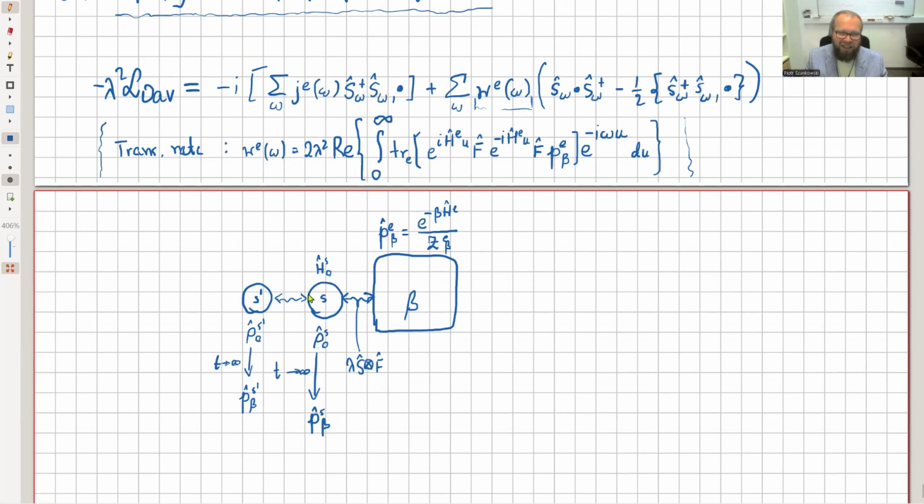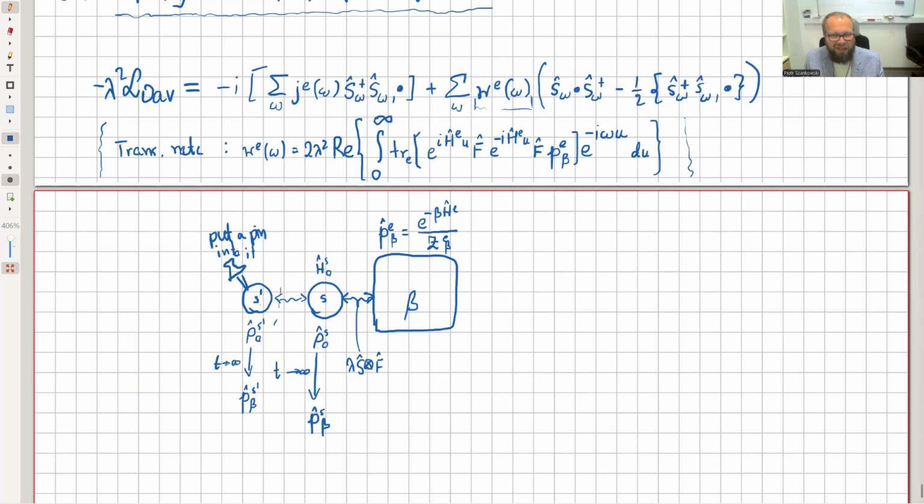Now, whether this system S really gets this ability to spread the disease of thermalization further on, let's put a pin into it.